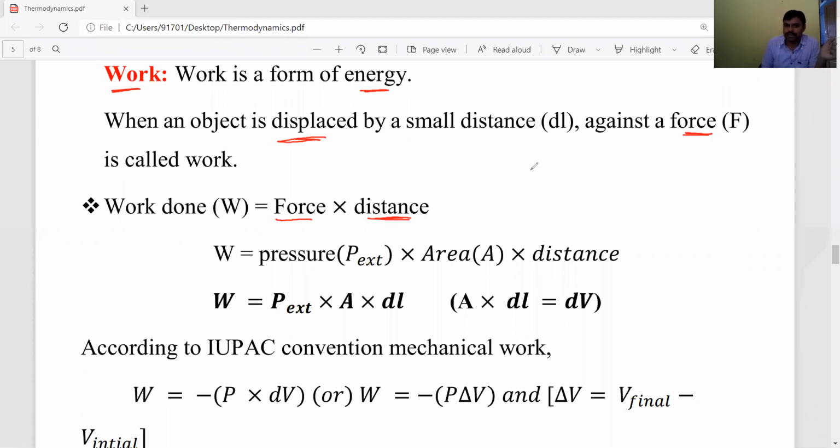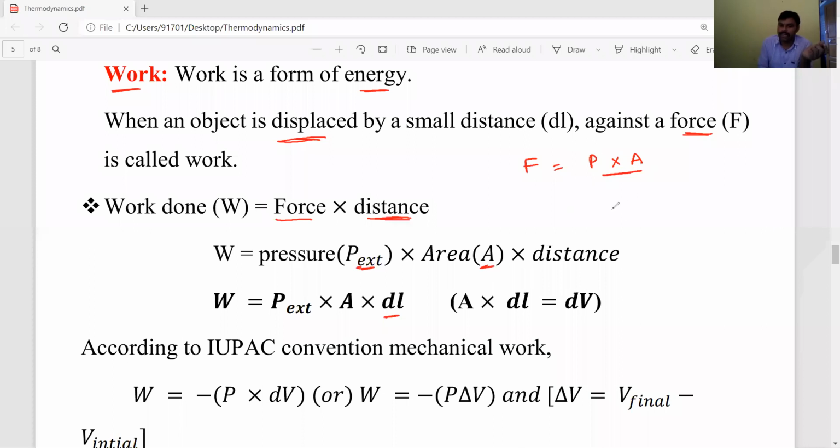Force F, we know very well, is equal to pressure into area, meaning external pressure into area. So W is equal to external pressure into area, and distance, a small change, meaning the displacement of the object. How much displacement? It is defined as dl. Displacement or distance moved by the object is dl, against the force, and force is nothing but P into A, pressure into area.